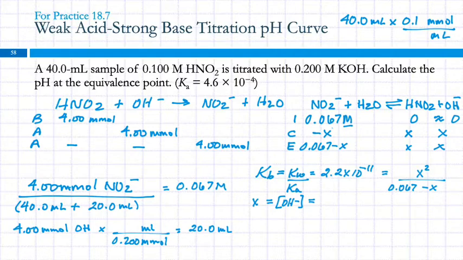Do you think x is small? Yeah, this 10 to the minus 11 is pretty small, so let's try that. It's going to be the square root of 2.2 times 10 to the minus 11 times 0.067. 1.2 times 10 to the minus 6. If you divide that by 0.067, I'd be willing to bet money it's less than 5%.